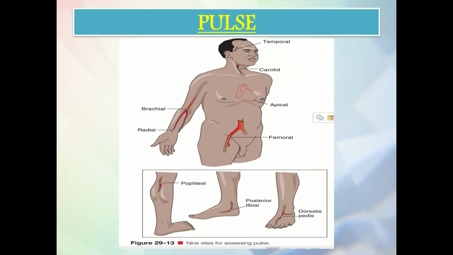And then here's another illustration showing the pulse sites. Temporal, carotid, apical. Ayun, apical, again, that is a central pulse. That is our heart mismo. Brachial, and then radial, and then femoral, posterior tibial, dorsalis pedis, and then you have popliteal.